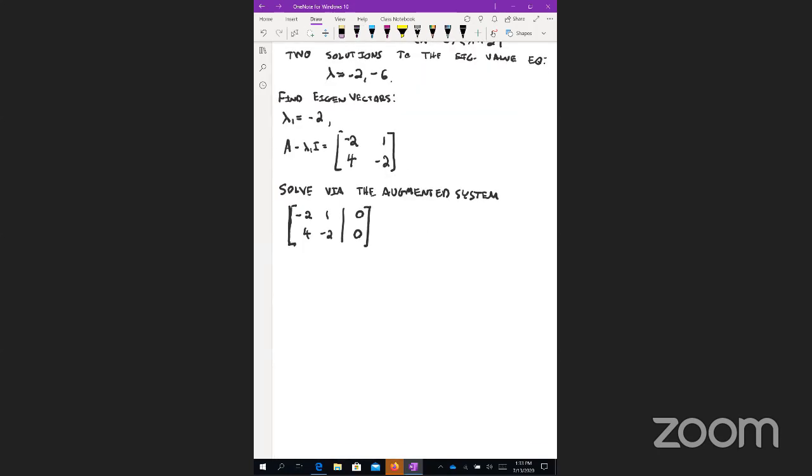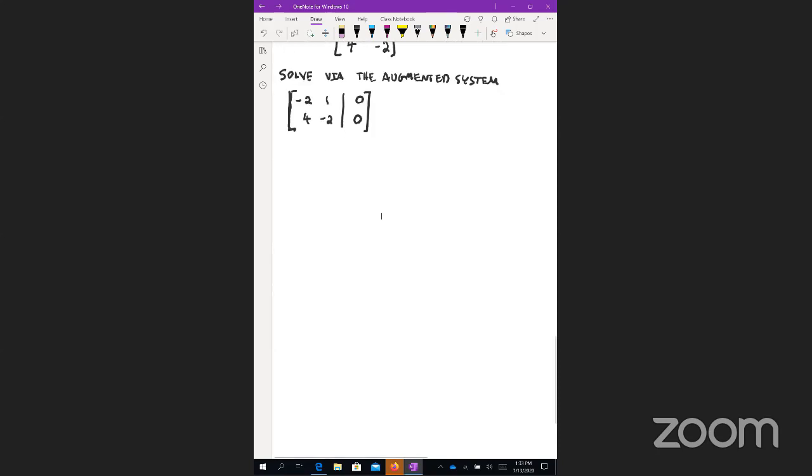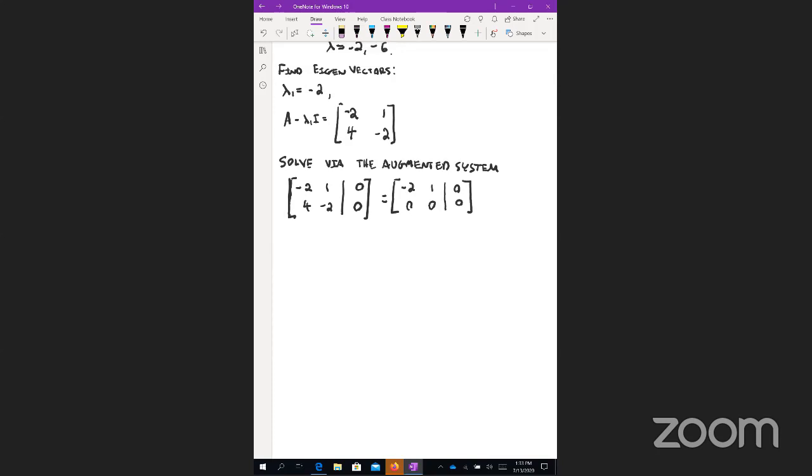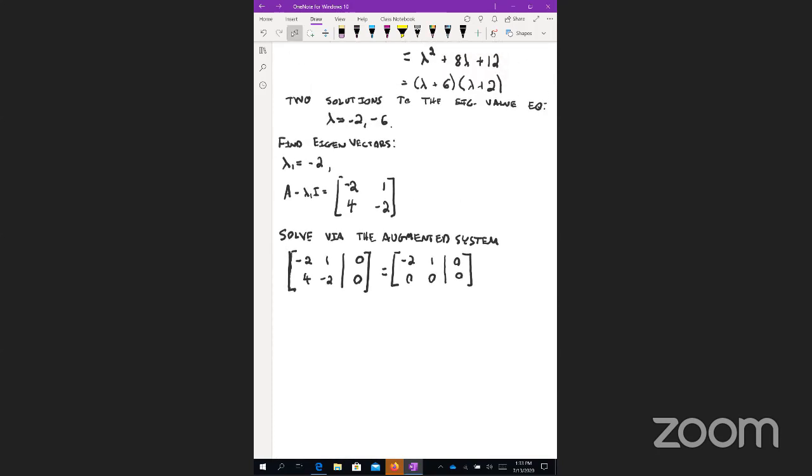And then we just use our standard Gaussian elimination. Multiply the first row by 2, add it to the next line, and we get 0, 0, unsurprisingly. Great, okay. And so then what is the vector such that if we multiply it by this, we get 0, 0?